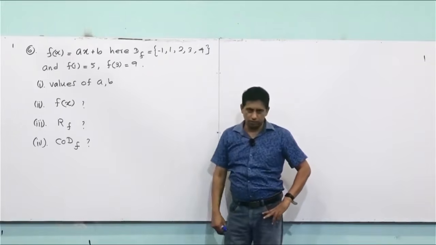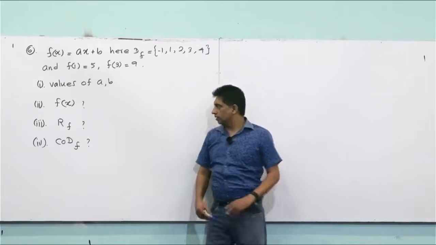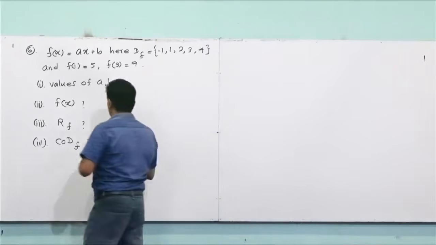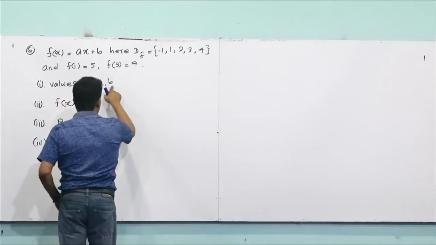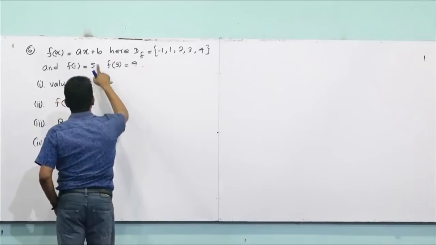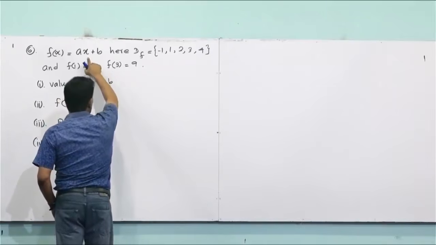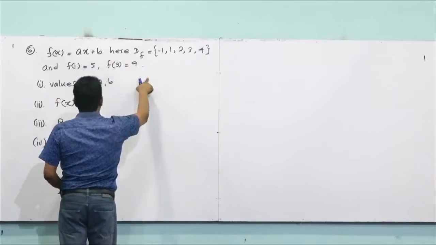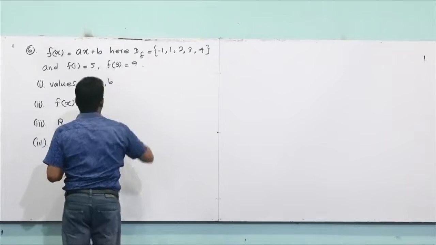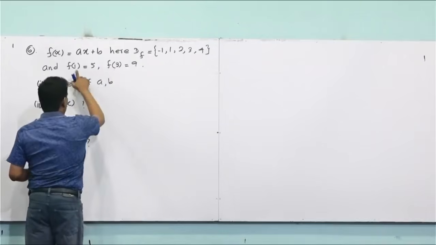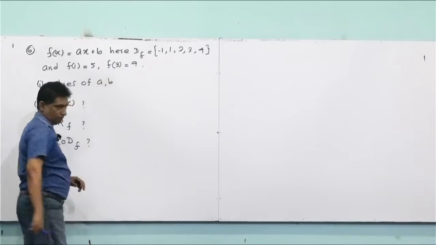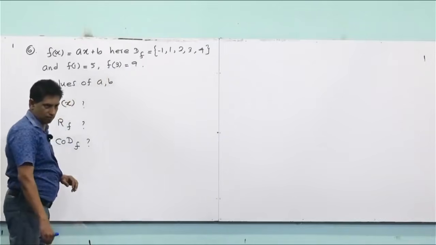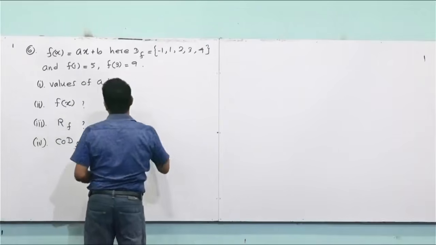That is the logic. Now the problem is how we can get two equations in a and b. f of x is given, the domain is given, and there are two other pieces of data: the image of 1 is 5, the image of 3 is 9.